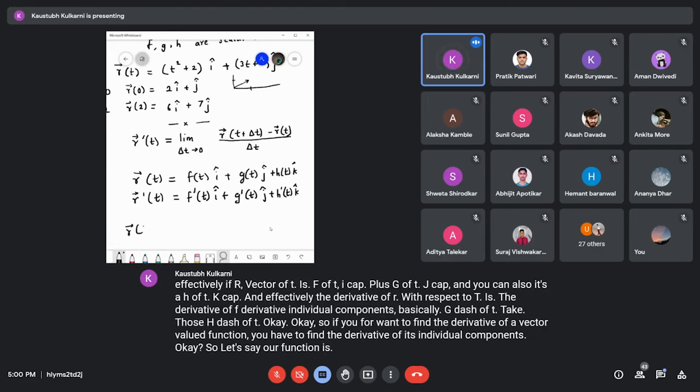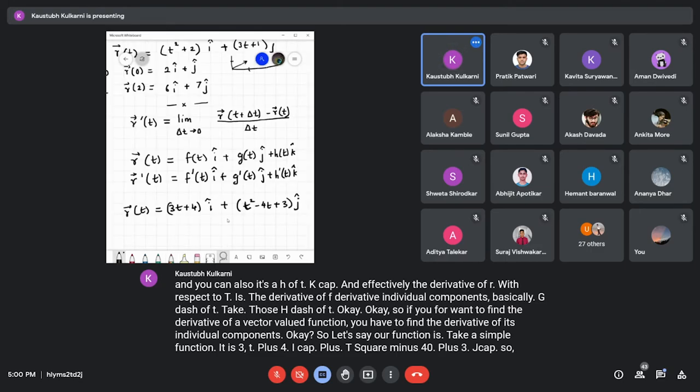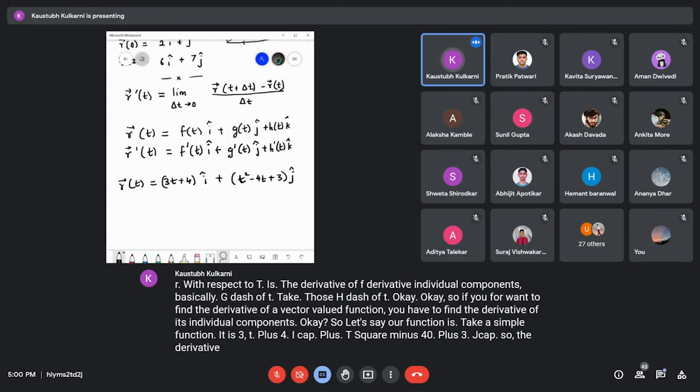Let's say our function is, take a simple function, it is 3t plus 4 i cap plus t square minus 4t plus 3 j cap. So the derivative is nothing but, because there is only one variable, it is straightforward.